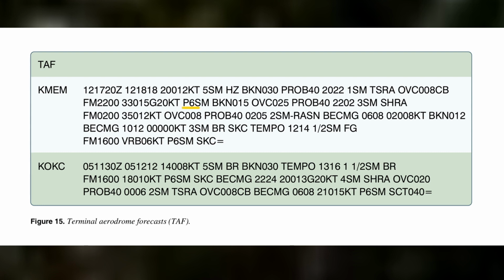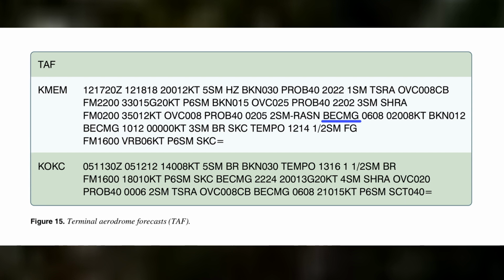Now here you see in the visibility section that it's not only just 6 statute miles, but there's a P with it. Just remember the P means plus. So it's greater than 6 statute miles of visibility in this case. Now you see under with the blue line under it on the third line down, the BECMG, which stands for becoming.